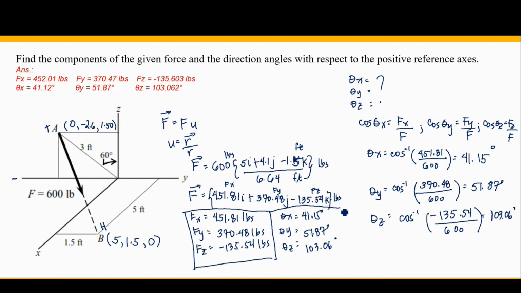So, ito na yung ating final answer for the components of the force and of course the direction angle. Okay? So, this is the answer. May discrepancy. Konti lang naman yung discrepancy. Okay, may discrepancy lang ng kaunti.